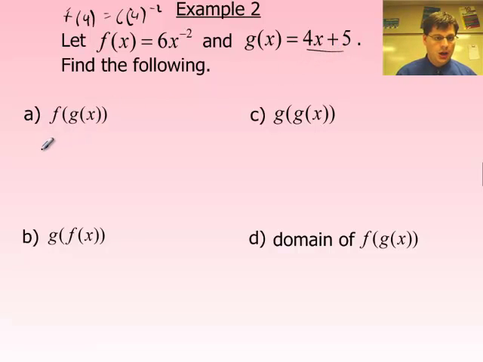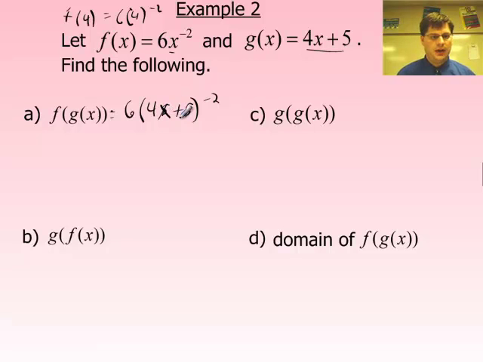So I would say that this is equal to 6. In place of x, we're going to substitute g, which is 4x plus 5, and then all of that to the negative 2 power.